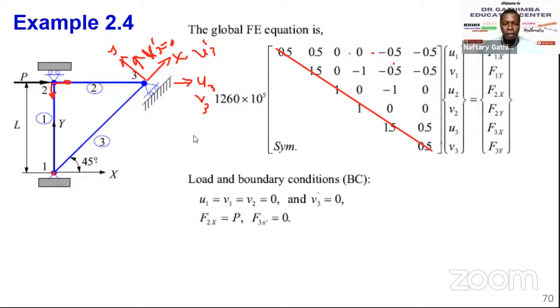And of course, now the loads we are given. Load P. So F2x, the horizontal load applied in the horizontal direction at node 2 is given as P. And again, we know F3x. So why are we saying F3x is equal to 0? Because there is a roller support and there is no load that is applied there.